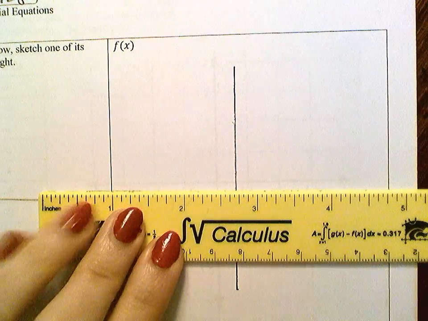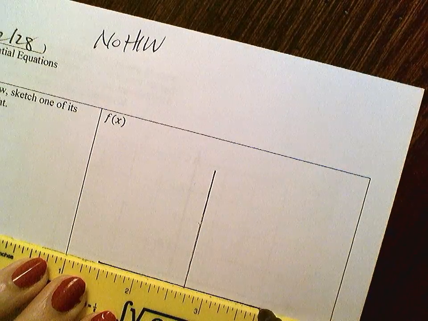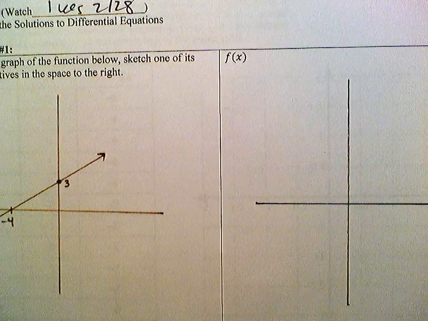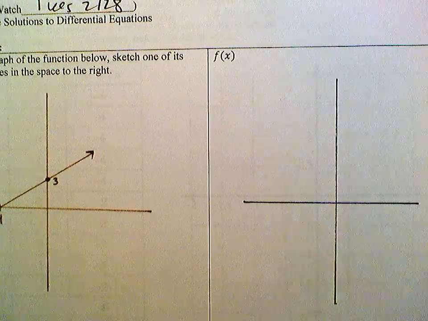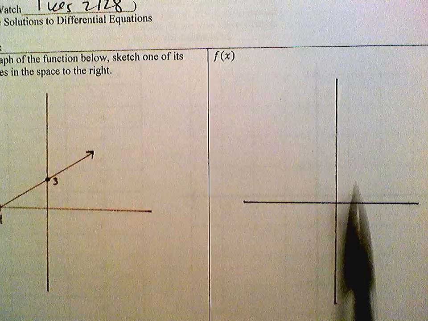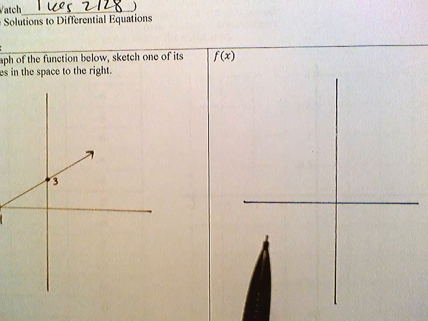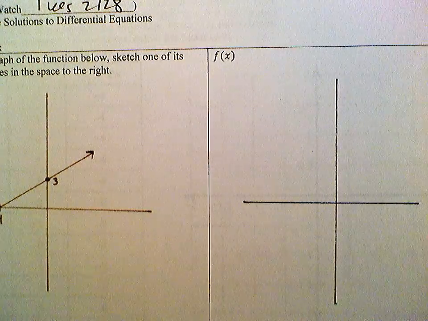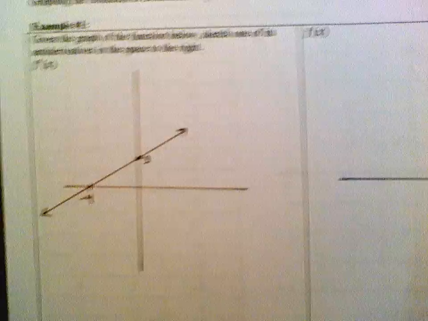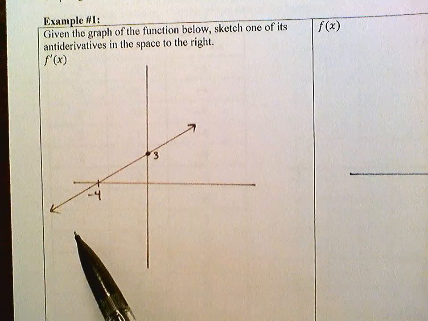And then in pencil, we're going to sketch a graph of a possible antiderivative here. Okay, so this is f prime.